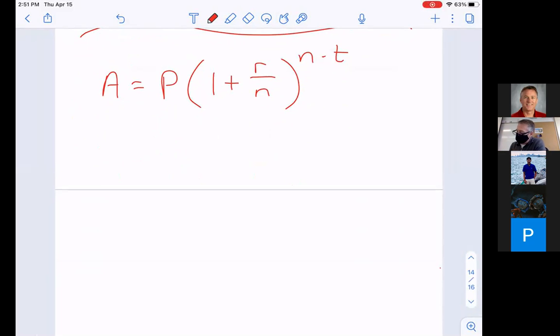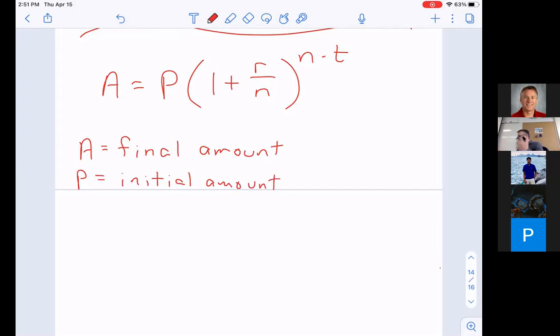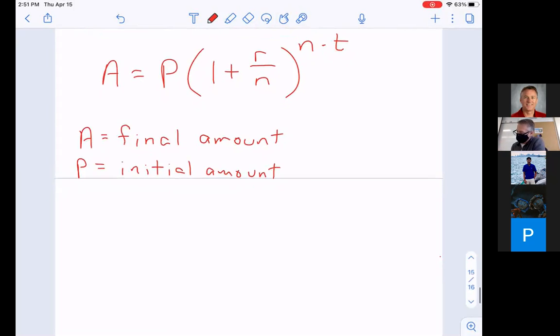Let me tell you what the different variables stand for. A is the final amount. P is the initial amount. P stands typically for principal, which means your principal amount or initial amount. R is your rate.